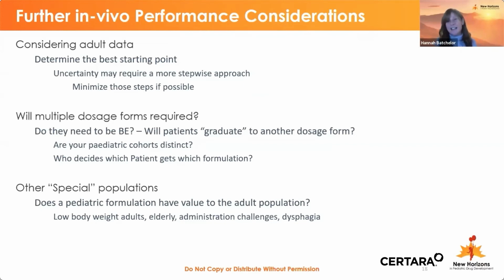Is it realistic that there'll just be one pediatric formulation variant, or will there be more? And are there any distinct cohorts within your pediatric population? The other thing that you might want to consider is whether there are other special populations that might benefit from this dosage form. So could we use the pediatric dosage form for every participant? Is that feasible?